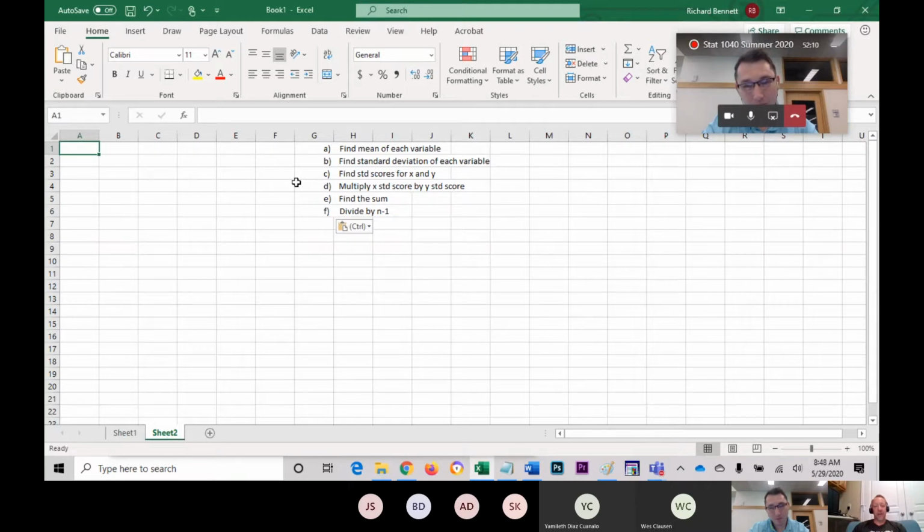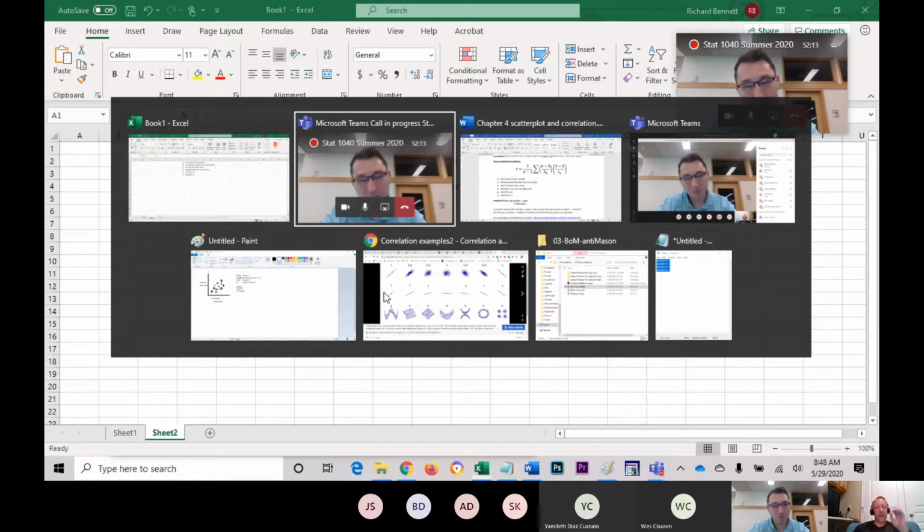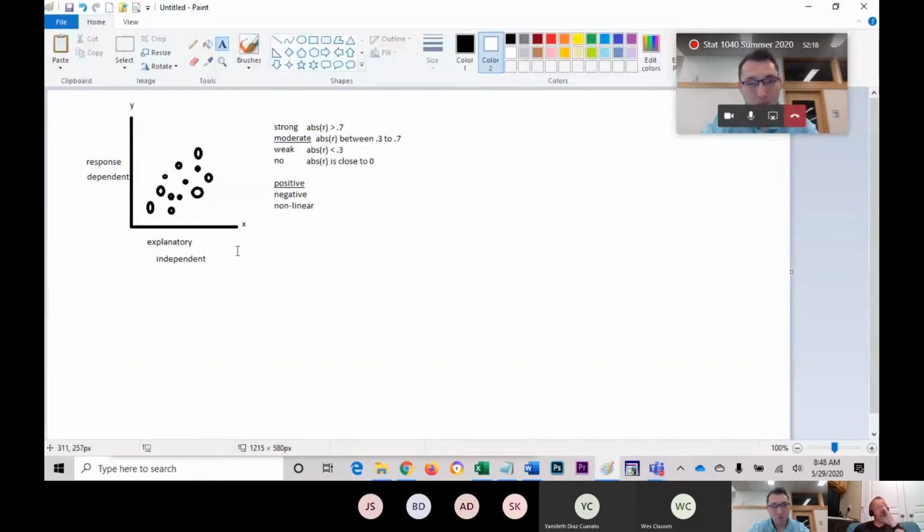Now, the question is, as we're drawing this, and some of these can be a little bit hard: is your shoe size the explanatory or independent variable, or is your shoe size the response variable or the dependent variable?